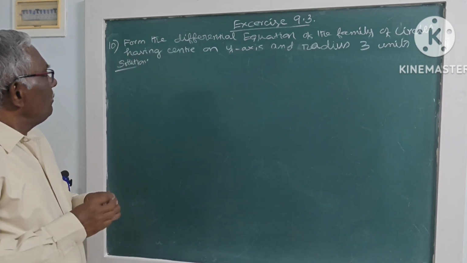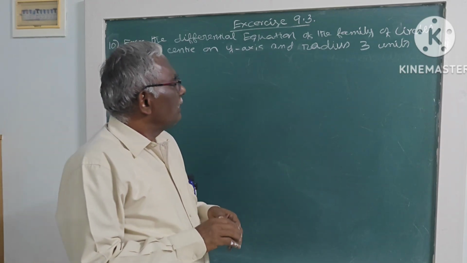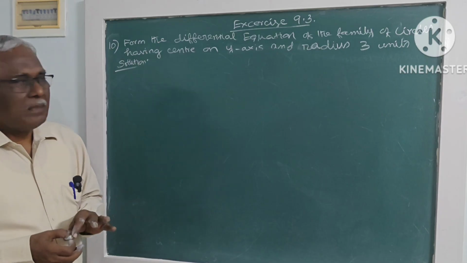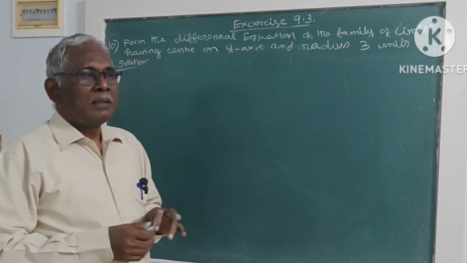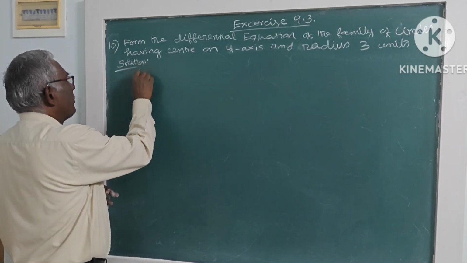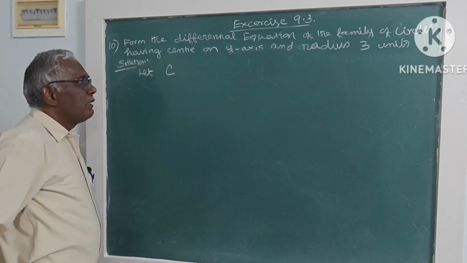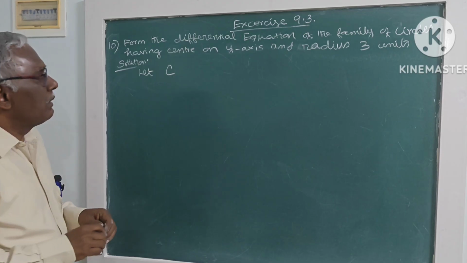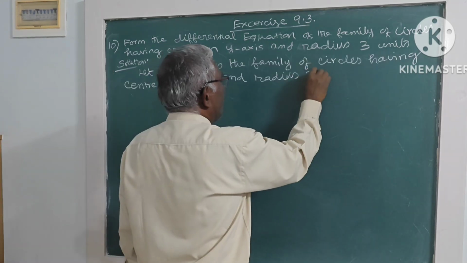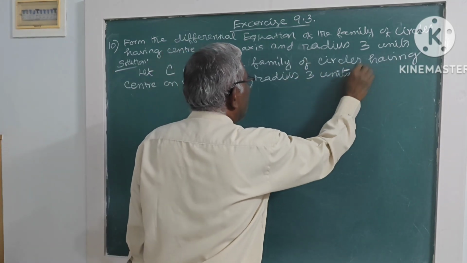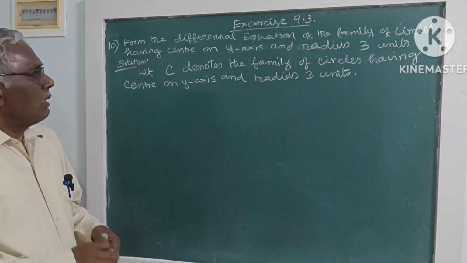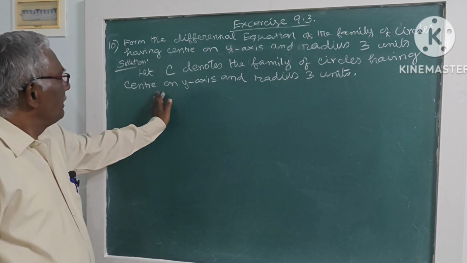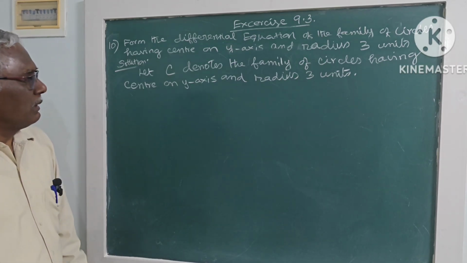So in this problem, we have to form the differential equation of a family of circles having the center on y-axis and the radius is 3 units. So let C denote the family of circles having center on y-axis and radius 3 units. So let us draw a member of the family of circles having center on y-axis and radius 3 units.